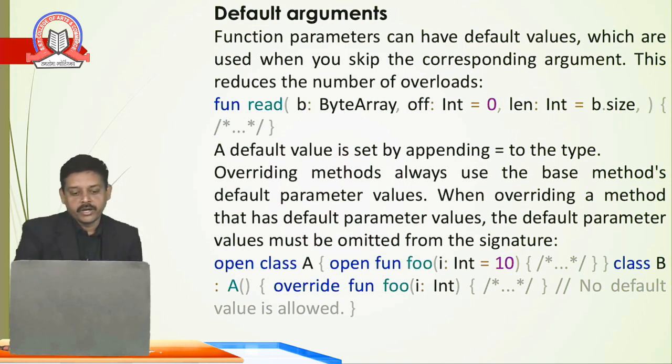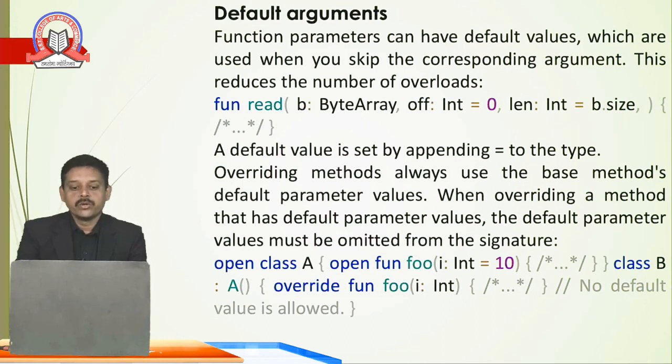As you can see over here, we have created one open class A. In that we have one function, that is foo, and in that we have passed the parameter i, which has a data type integer and which contains a default value 10.